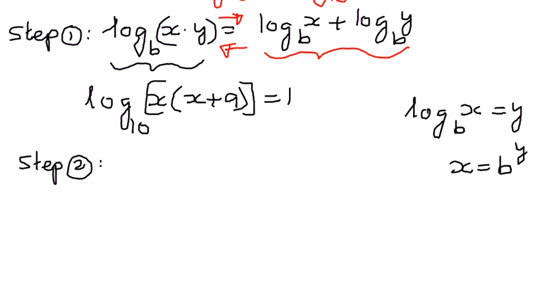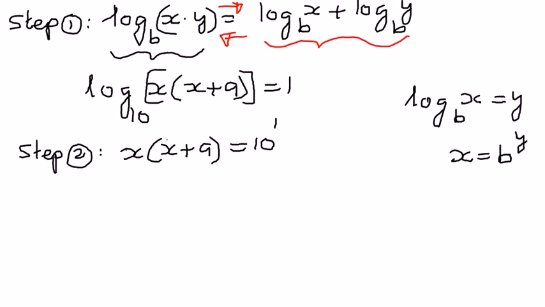So therefore we can now come back and write whatever is inside the brackets as x times x plus 9. Let me write this a little bit more clear. x times x plus 9 is going to be equal to 10 to the power of 1, which is the same as 10.